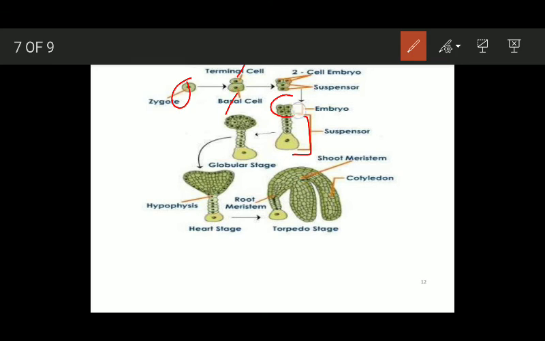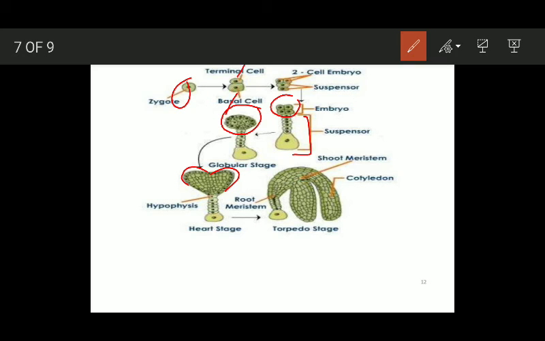The apical cell divides and forms the quadrant. The quadrant divides and forms the octant. The octant divides and forms the globular proembryo.